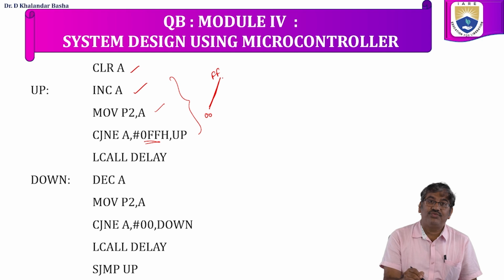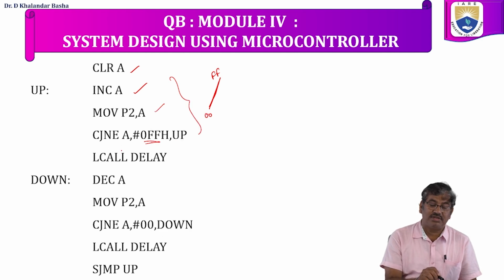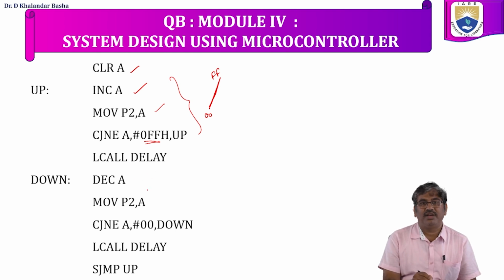Next, once FF is generated, then this condition will be satisfied. If not satisfied, it will come to the next one where we can call a small delay. Then we go for decrementing for generating a negative slope. So here, this down loop will be used for generating the values from FF to 00.